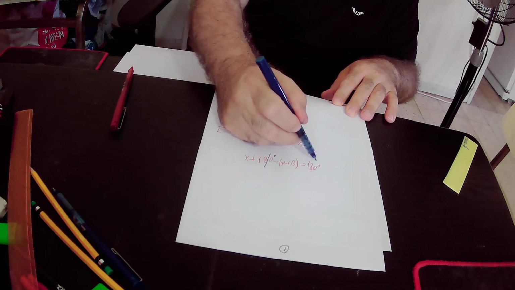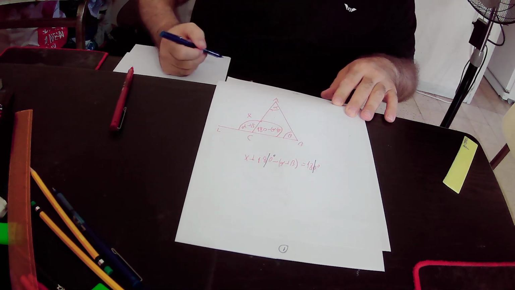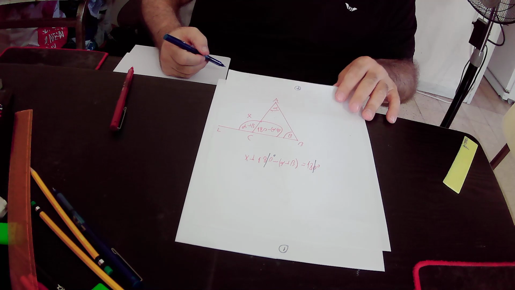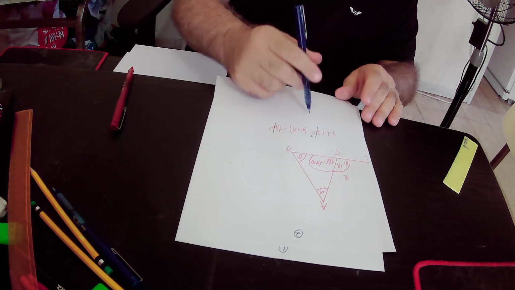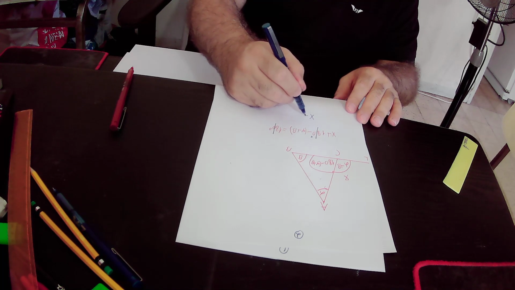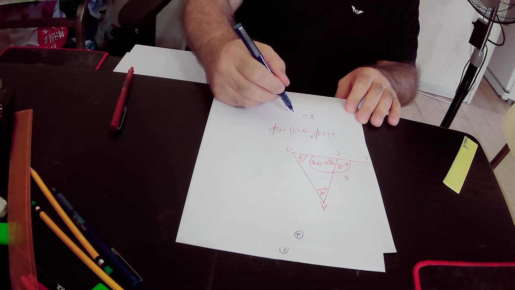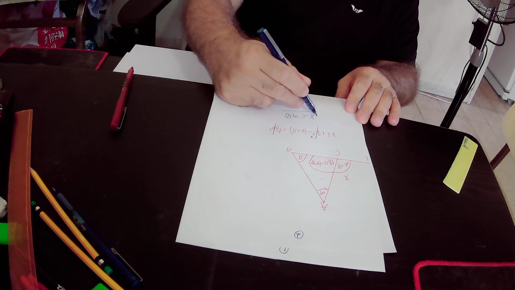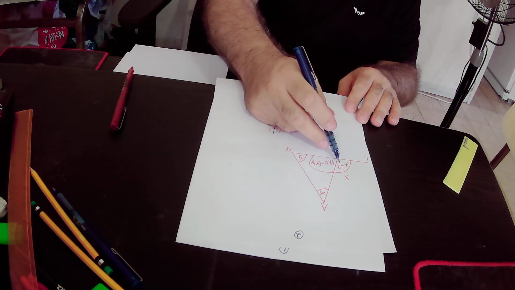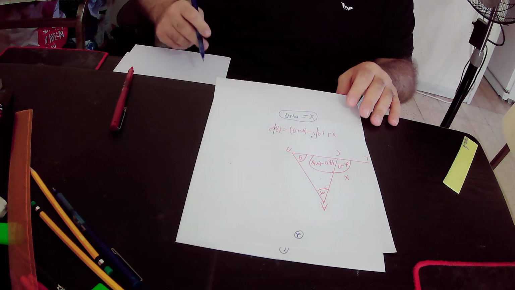So 180 degrees cancel, and we get that angle x equals alpha plus beta. Okay, so we proved that this angle equals alpha plus beta.